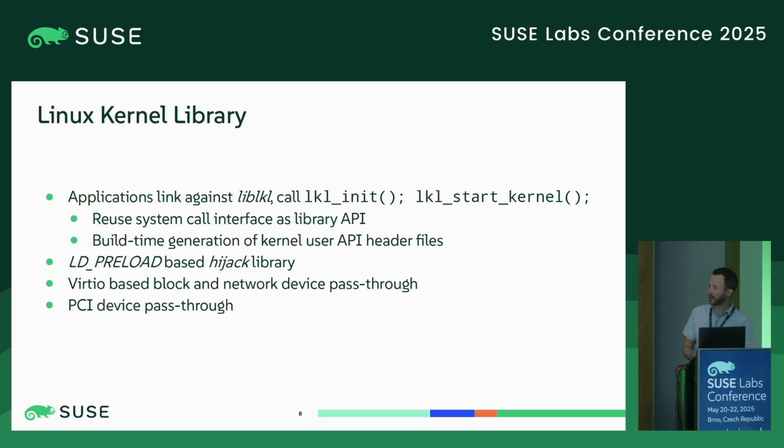There's the ability to plug block devices in, using a VirtIO driver, which is used for communication between the lkl kernel and the host driver. It supports network device pass-through for TAP devices, a few others. PCI device pass-through, I haven't actually played around with that, allows for passing through VFIO PCI devices.